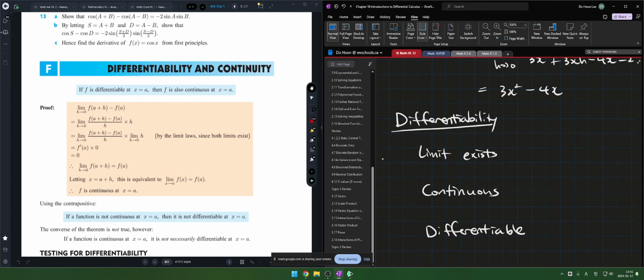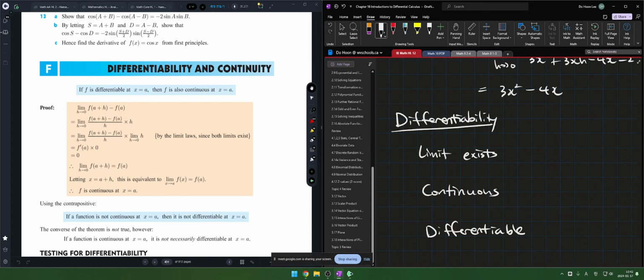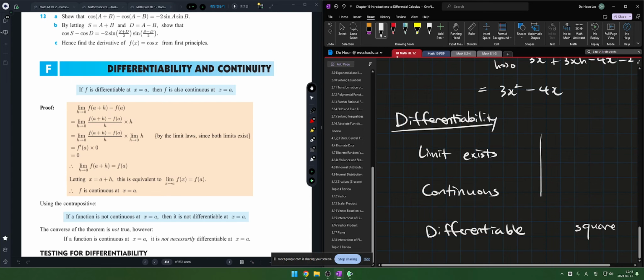To understand which is more superior to the other, differentiable is a more specific case. Analogically, this is kind of like a square. What I mean by that is, a square is a rectangle, right?